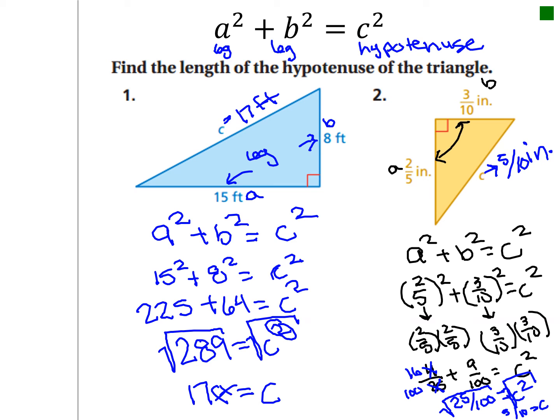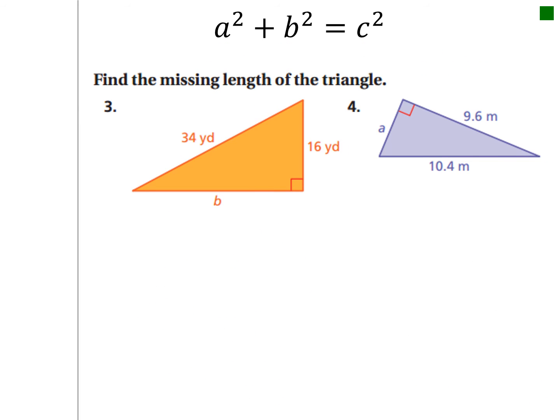All right, let's go to our next example. What happens if you're missing a leg? The process is slightly different, yet still the same. So let's start off with what we do know. We know that the leg squared plus the leg squared is going to be equal to the hypotenuse squared.